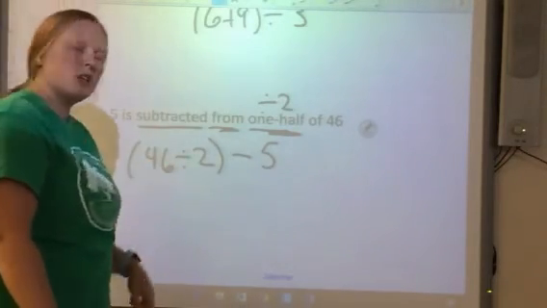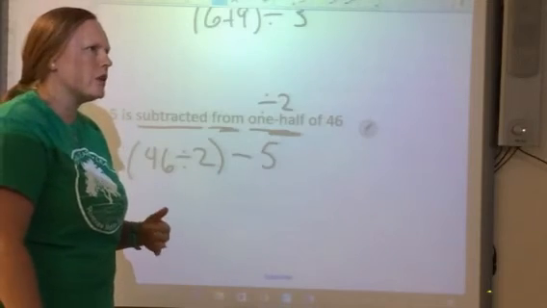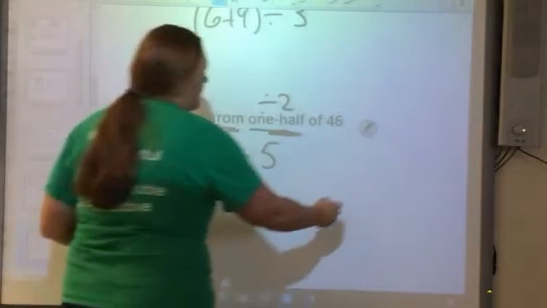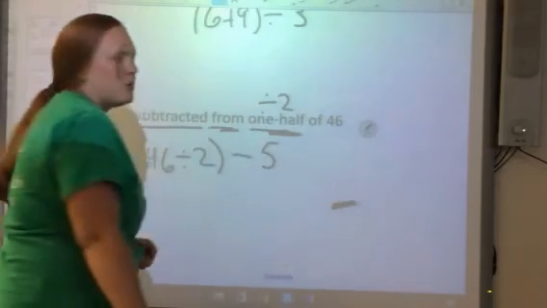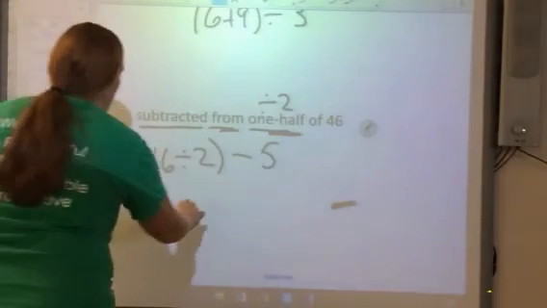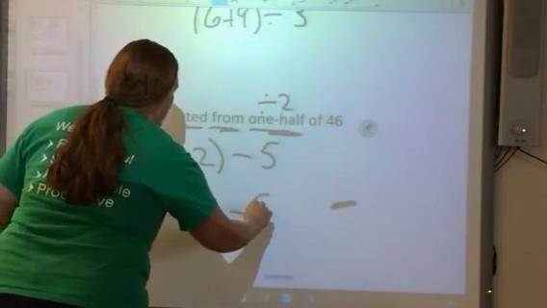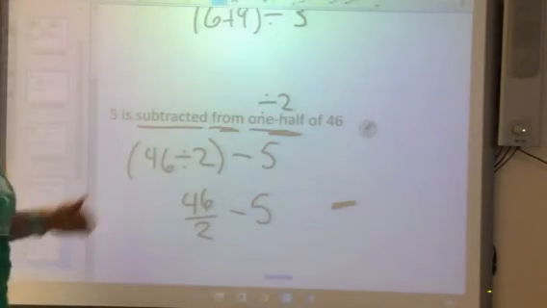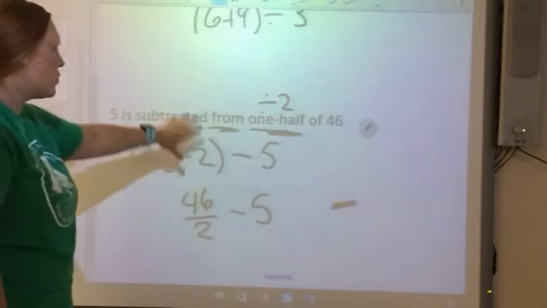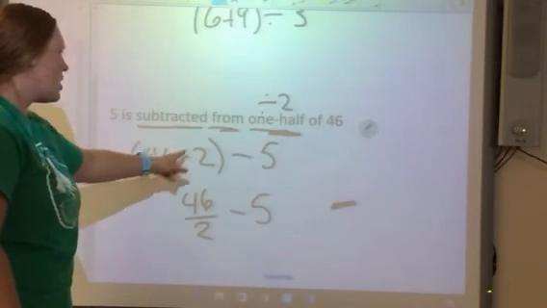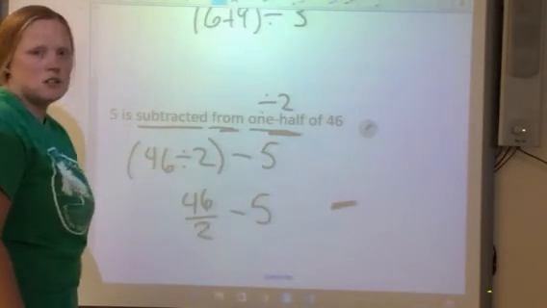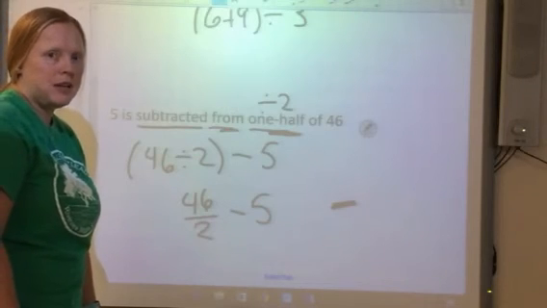One thing about division, and we'll go over this tomorrow, is that we can always use a division bar. So we could also write this as 46 divided by 2 minus 5. Either way, with parentheses or without parentheses, you're correct, as long as it's in this order and the 5 is at the end.